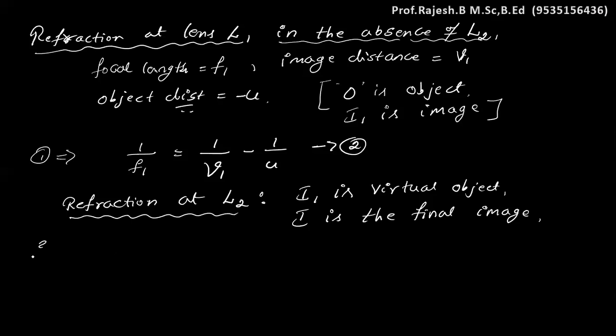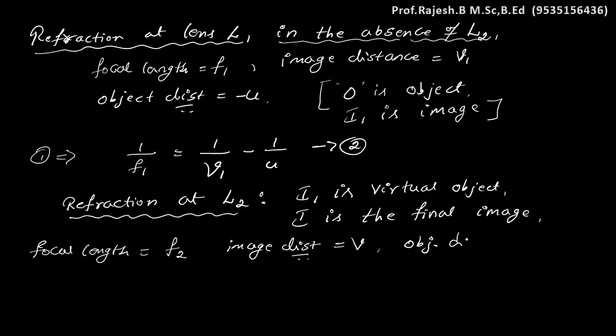Therefore, focal length is equal to f2, the second focal length, and image distance is equal to V, the final image distance.